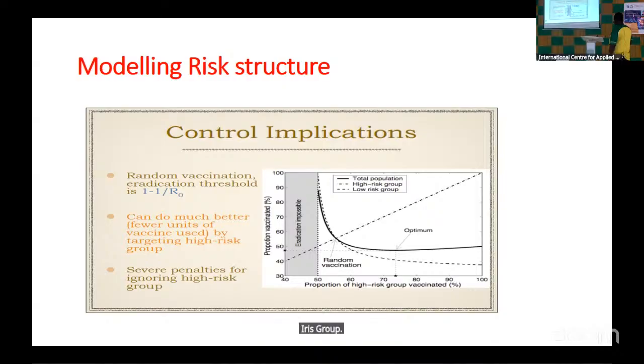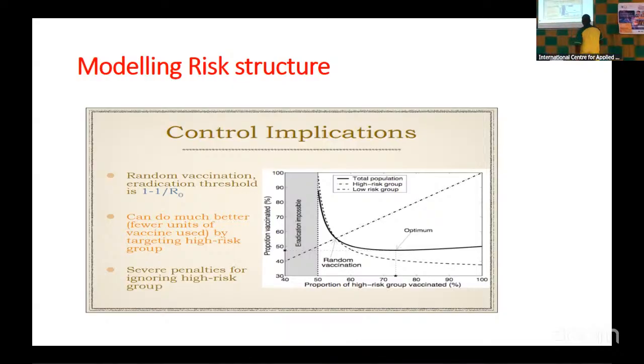So you have the total population, which is in dark, and then the high risk group, the low risk group, and then the optimum. So you have here the population of vaccination, the percentage from 30 to 100%. And then the first part has to do with the eradication being impossible. And then the random vaccination.